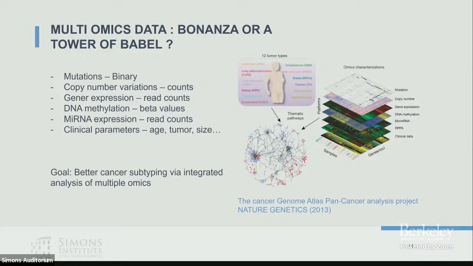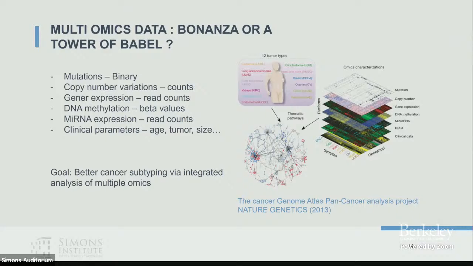We have tens of thousands of samples across dozens of cancer types and 6 or 7 omics. However, these omics are extremely different in terms of their number of features, statistical properties, etc. Some of them are even not numerical.